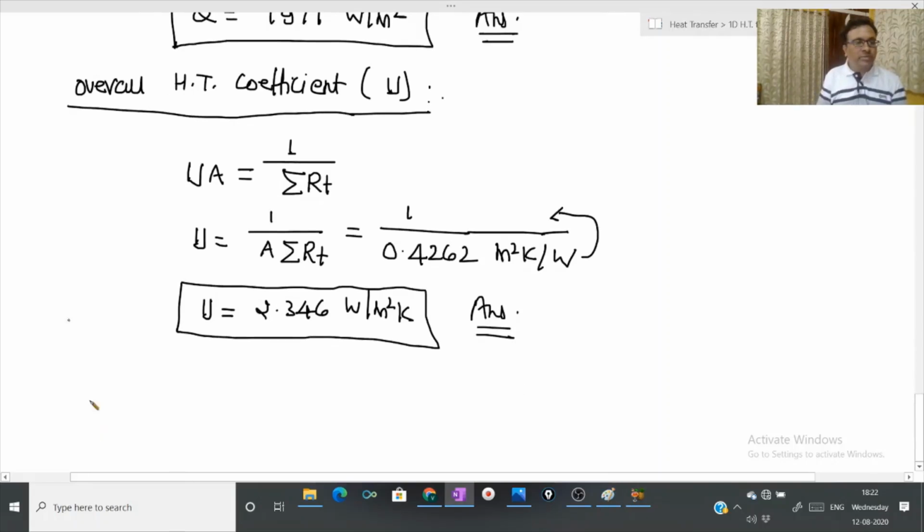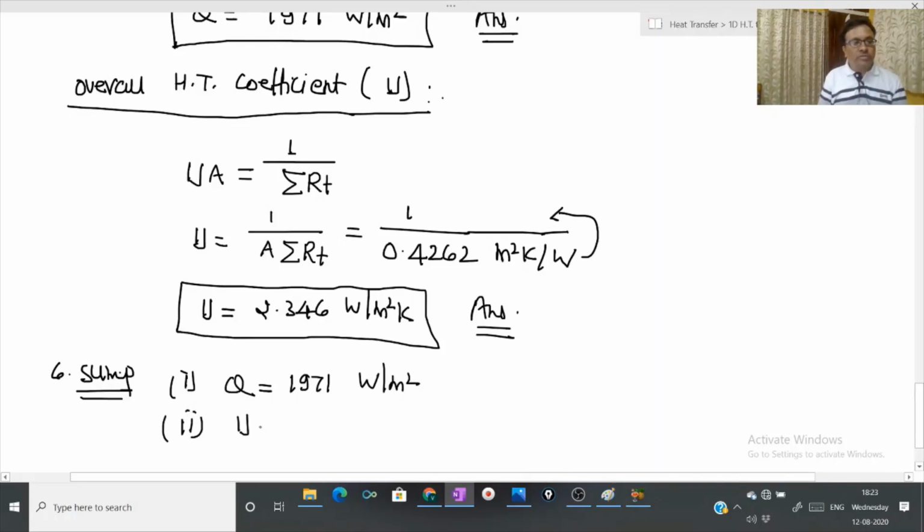Now let us sum up. So we could calculate heat flux rate as 1971 watt per meter square and overall heat transfer coefficient as 2.346 watt per meter square Kelvin.